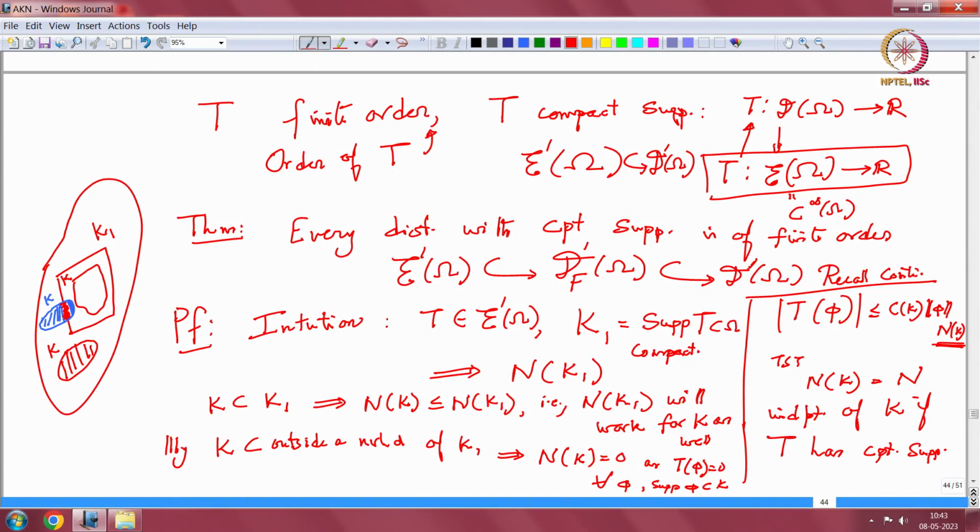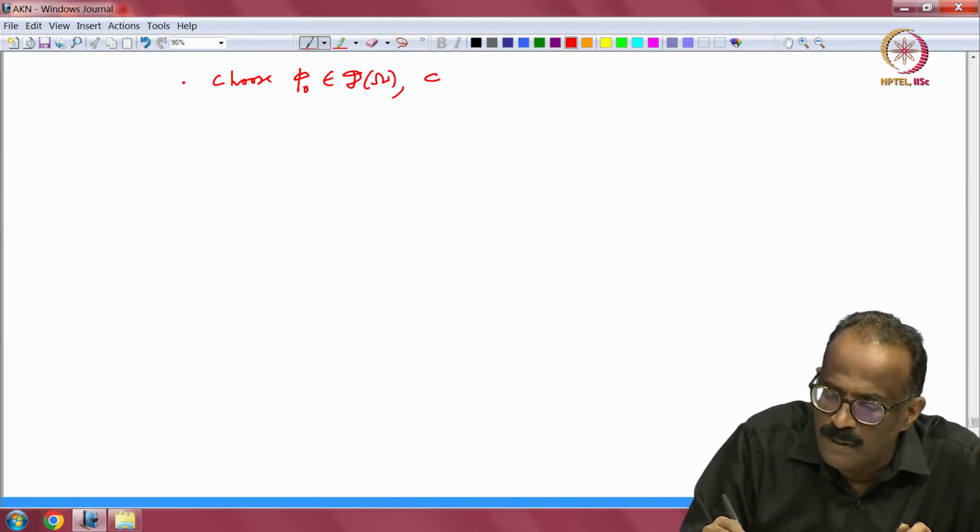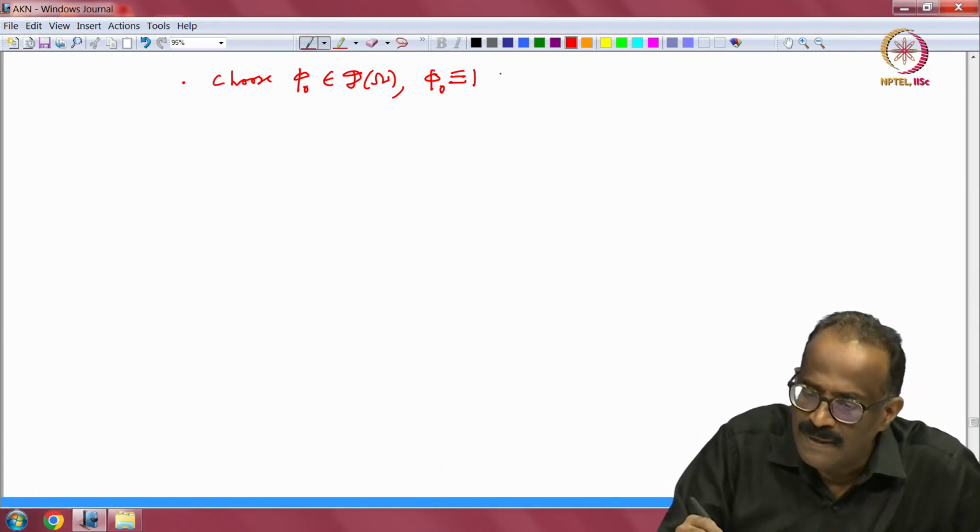So now let me complete the proof with that. This is our trick. Choose phi naught in D of Omega with phi naught identically 1 in a neighborhood of K1.